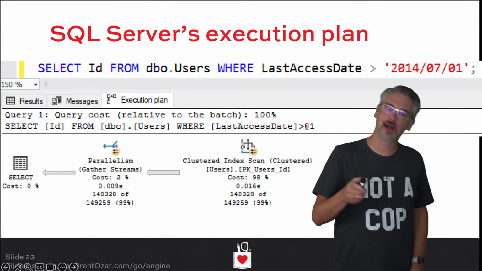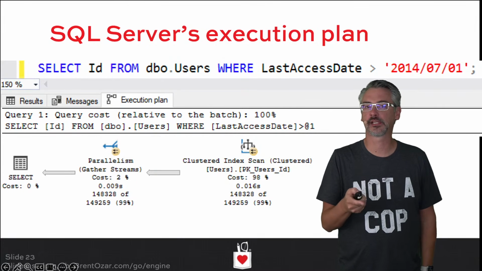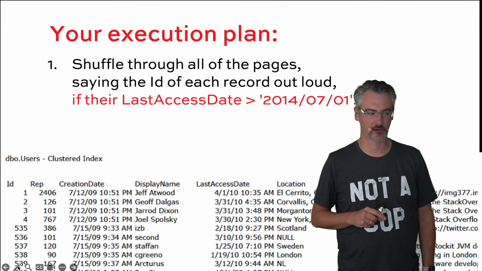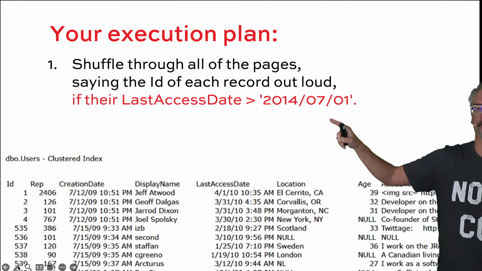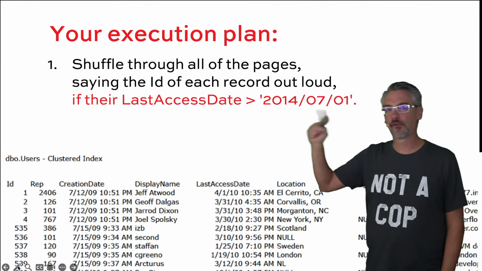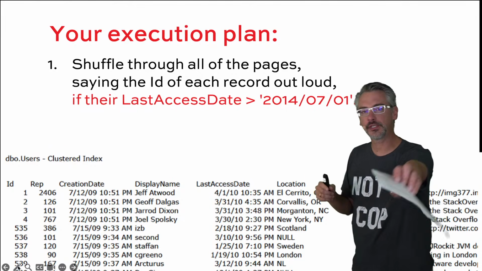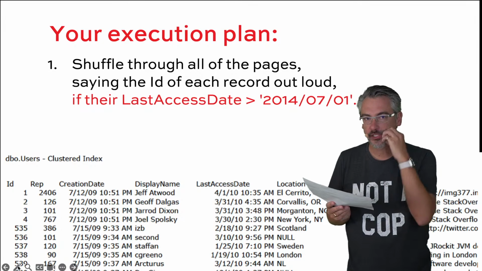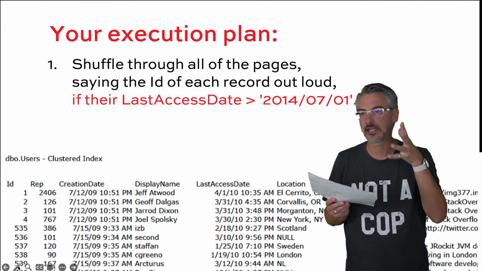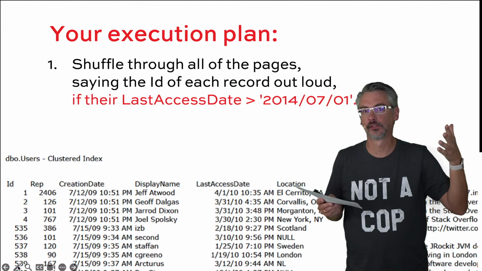There's a couple of reasons why. One of them I find really interesting. I'm going to go back a step to the query. Not all the users match. Before, as soon as I grabbed the first pieces of paper, I could simply start yelling out the IDs because I didn't have a where clause.